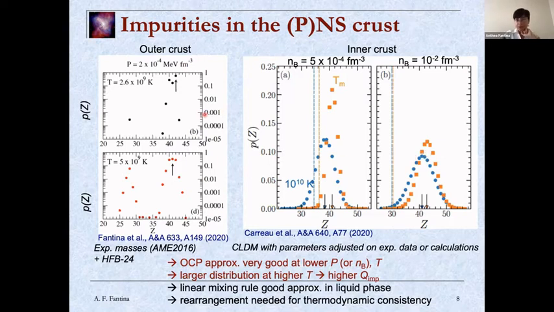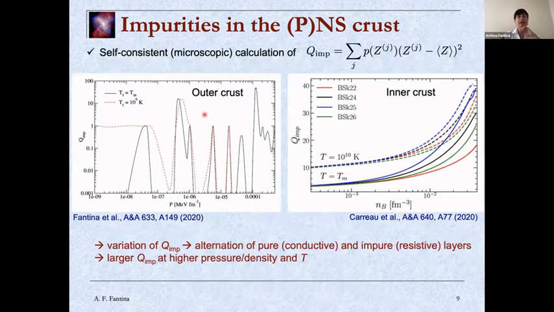Now, these are the impurities, and we have also calculated the associated impurity factor, and I show you here the results for the outer crust and the inner crust. I don't have the time to go into details, but I sketch the result. As I told you before, as soon as we go higher in pressure or density, the impurity factor typically increases, and the same if we go to higher temperature.